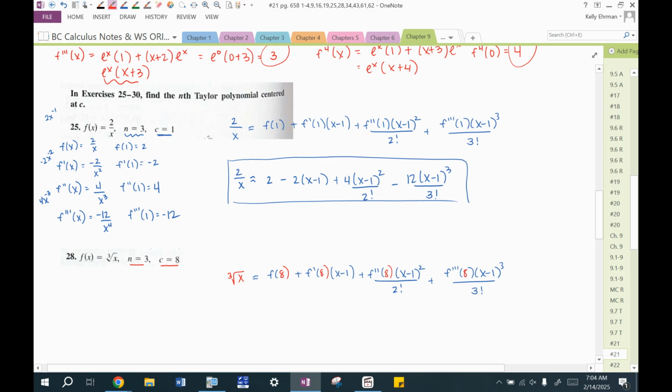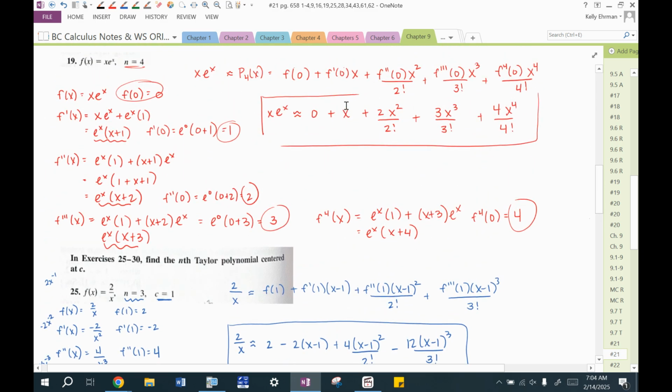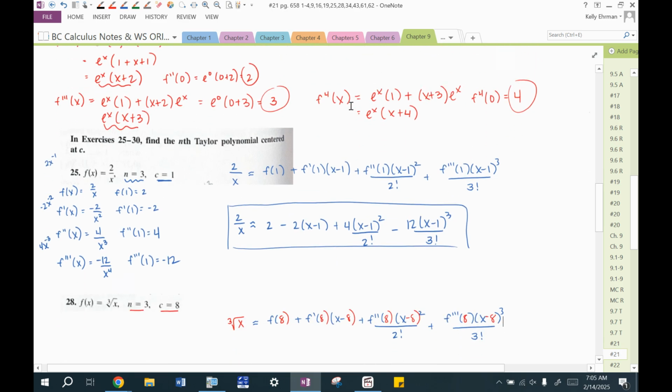And because we're centered at 8, these are not 1s. It should say x minus 8. So the reason I copy and paste there is just to show you it is the same general outline. You're just swapping out what the center is. And same thing back here. I could have written these as x minus 0 to keep the same format, but that just would be a lot of writing.